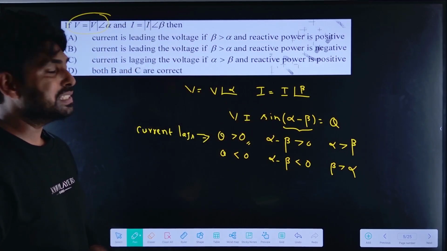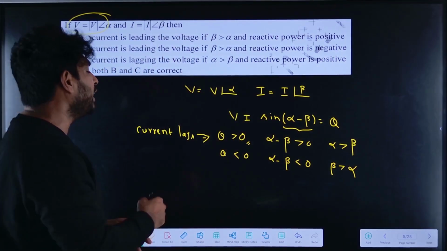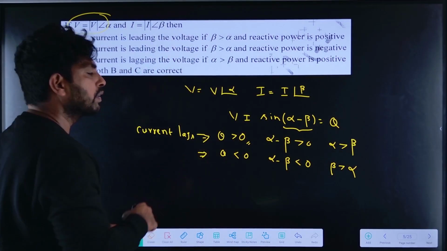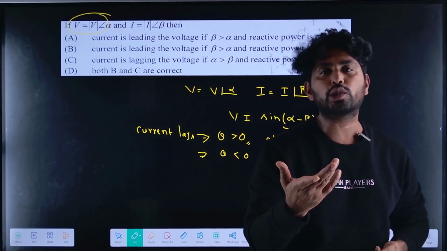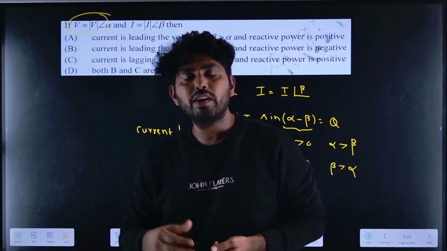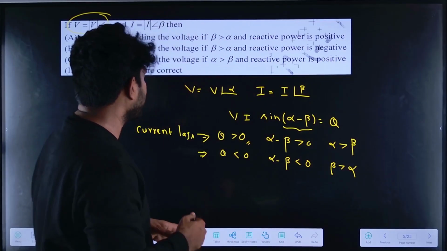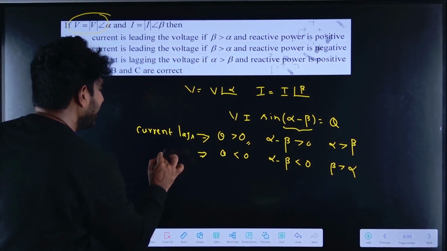So Q is negative. When will Q be negative? When it is capacitive. When Q is positive, it relates to the inductive power. When Q is negative, it relates to the capacitive power. So very simple, right? Current leads.